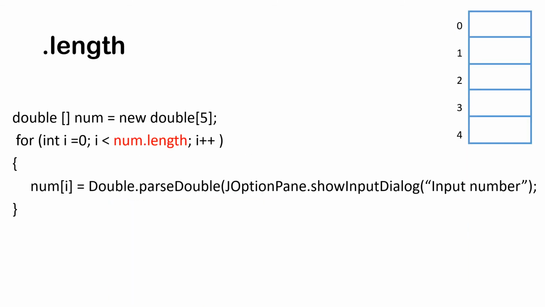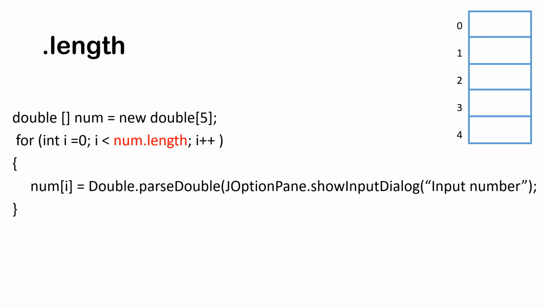There's one very useful way that you can work with the length of the array. Instead of remembering how long your array is, you can use the .length variable. Remember that arrays are objects, so .length is using one of the fields of the object.